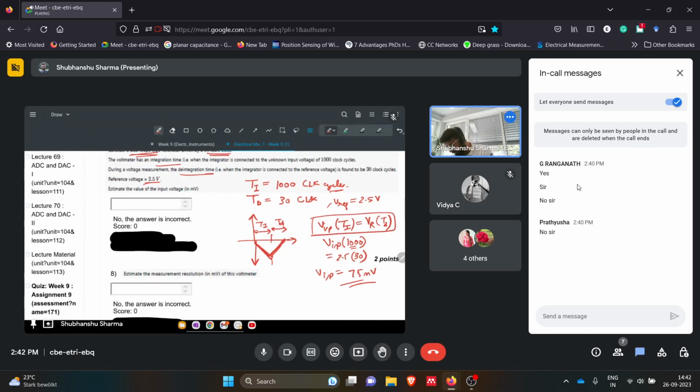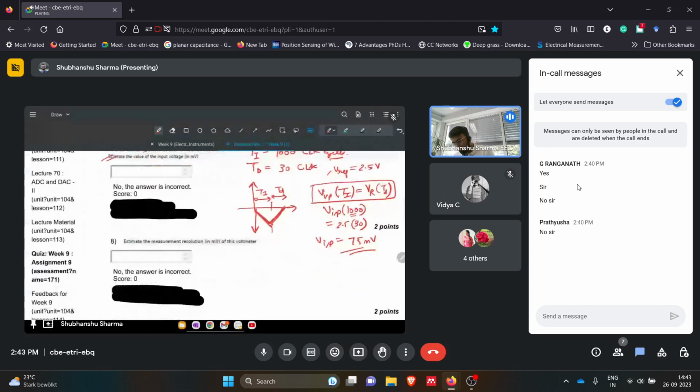Then following this question, the next question: estimate the measurement resolution of this voltmeter. So again, the resolution is the voltage and the time taken to reach that voltage.